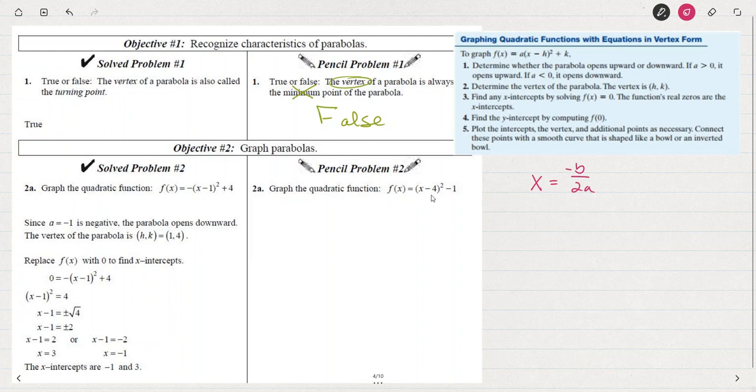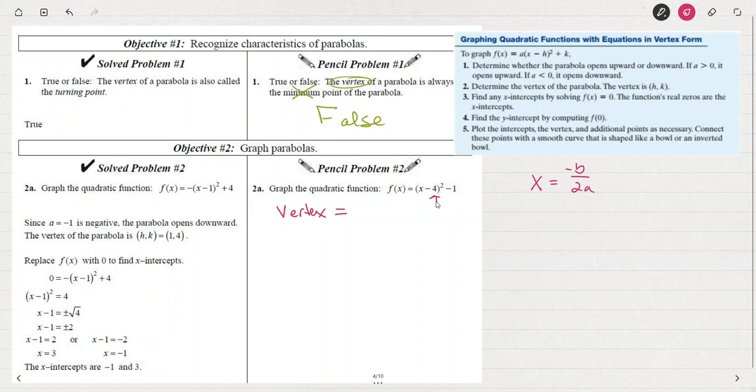We'd have to multiply this out to get x squared minus 8x plus 16 minus 1, so x squared minus 8x plus 15. So we could multiply this out and then find what a and b are. But even easier, in this format, the vertex is just handed to us on a silver platter.